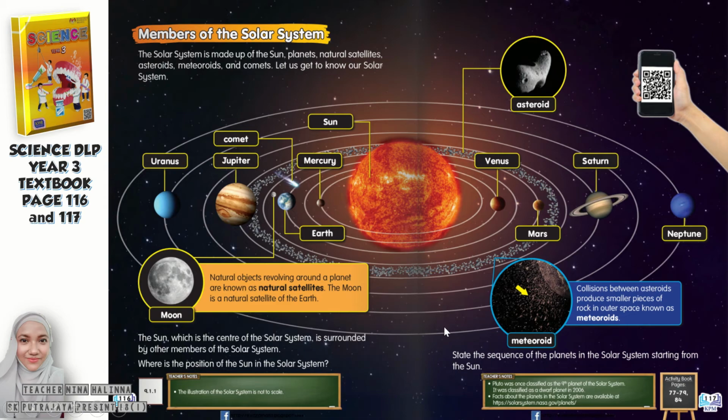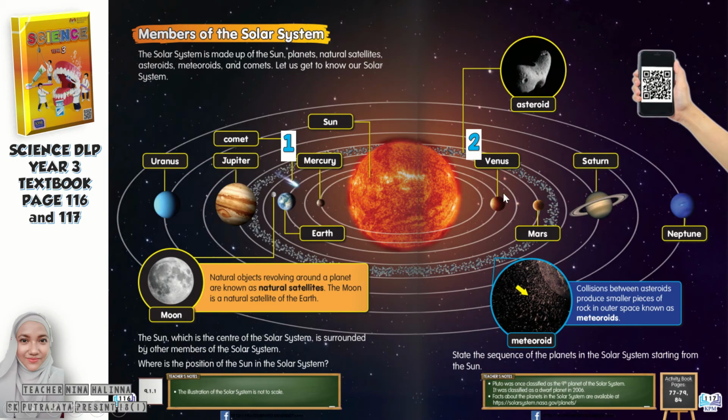Okay, let's look here for a while. State the sequence of the planets in the solar system starting from the sun. So I would put here number 1, okay, because Mercury is the first planet from the sun. Okay, so if Mercury is number 1, which planet is number 2? The second nearest planet to the sun. Let's look here. Yep, it's Venus. Okay, Venus is the second planet nearest to the sun.